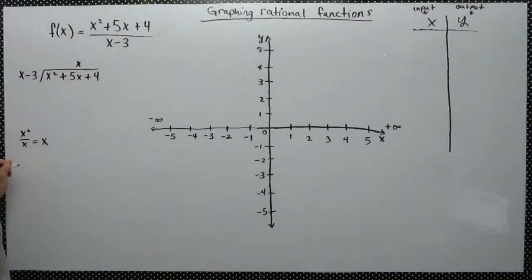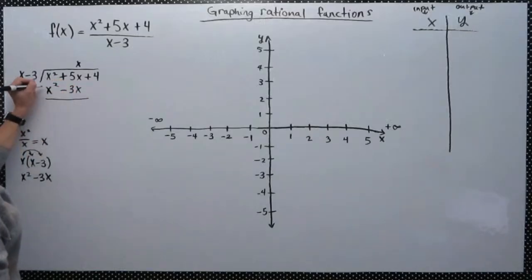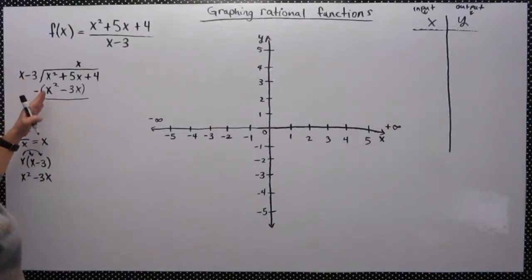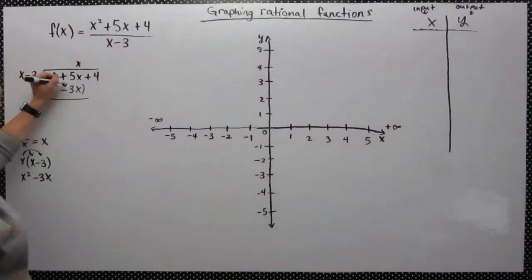Then I'm going to take that x and multiply it by x minus 3. With the distributive property, you get x squared minus 3x. I'm going to put that here, x squared minus 3x, in parentheses, because what I'm doing in the division algorithm is subtracting that. So when I subtract, I have to make sure that I carry that negative over twice.